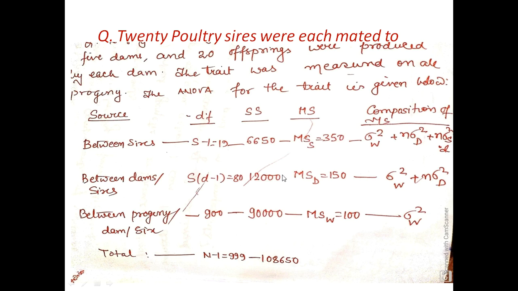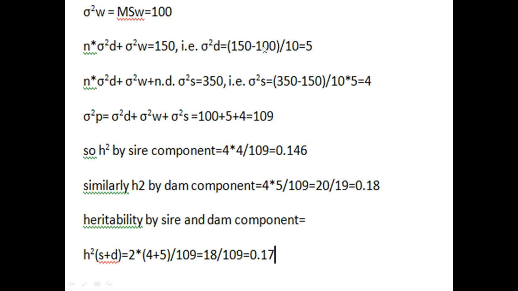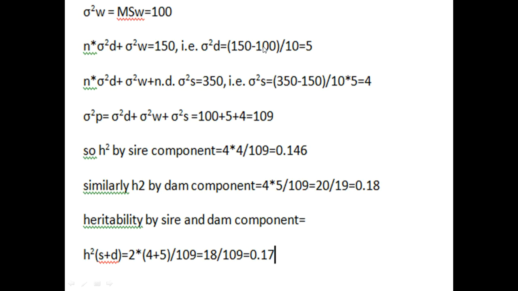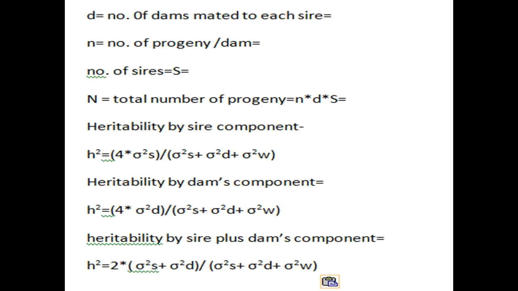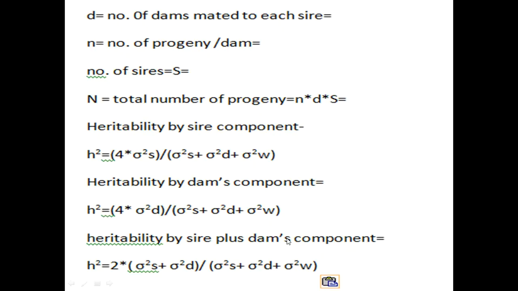So D is equal to 100. So the number of progeny per dam, which is actually given by, just give me some time. Yeah, so this is equal to number of progeny per dam. You also have this component over here, number of progeny per dam. So here it is.